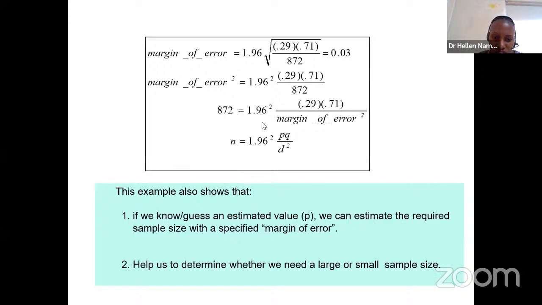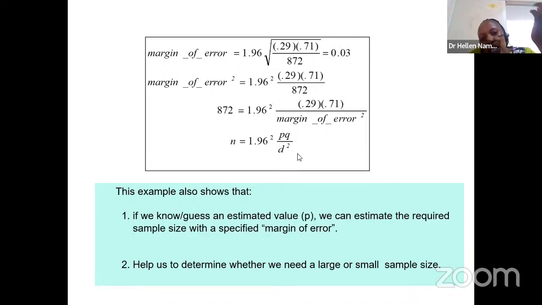So the point I was making here is that everything was brought back, whatever the values are, and then made the subject. The moment you know the estimated value, it will be easy for you to compute the sample size, of course, with a specified margin of error that you are interested in.